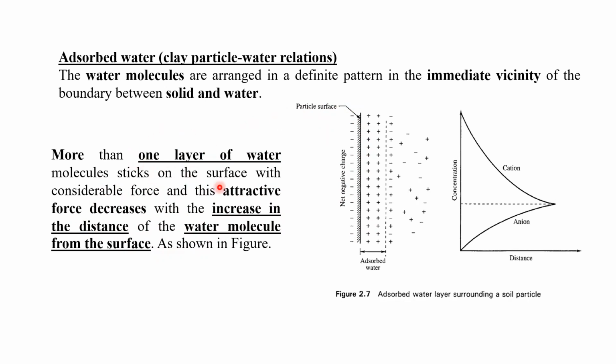A number of layers of water molecules are attached or attracted on the surface of the clay particles, right? Due to the electrical forces. But as the distance increases, the concentration of the plus and minus charges, negative or positive charges, goes on decreasing.